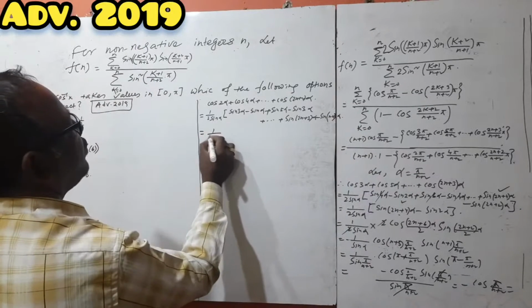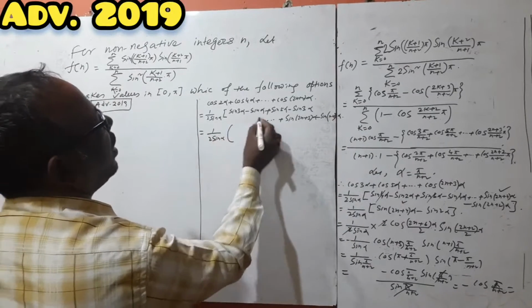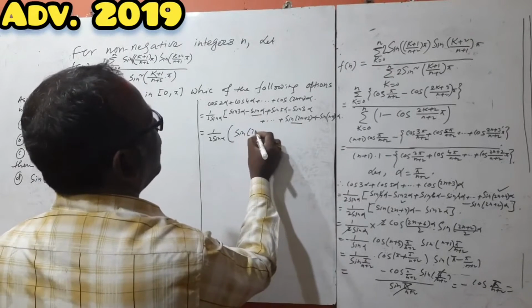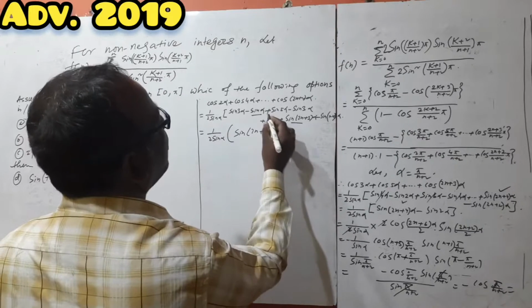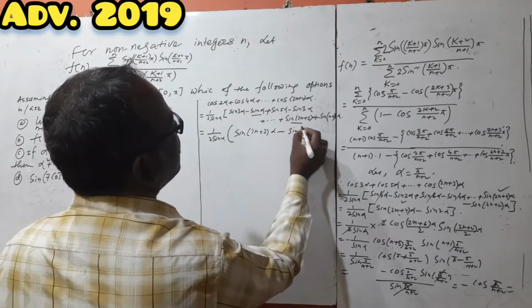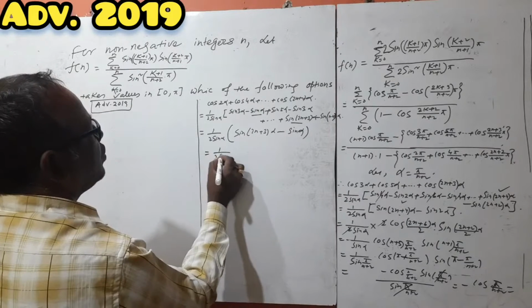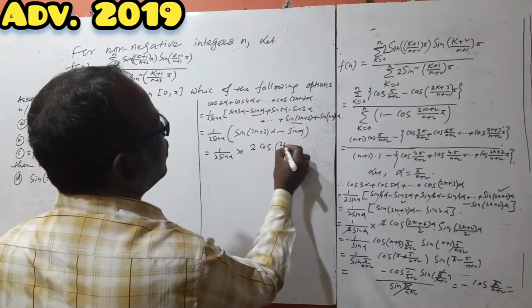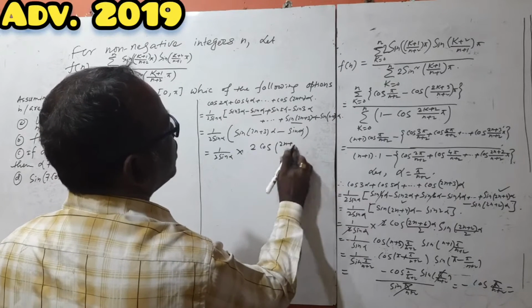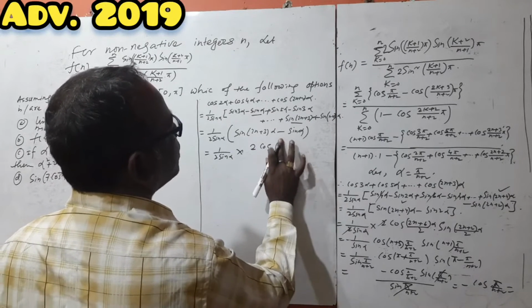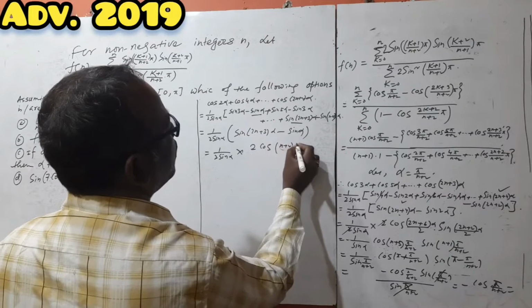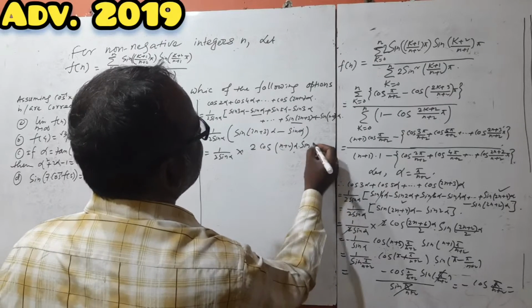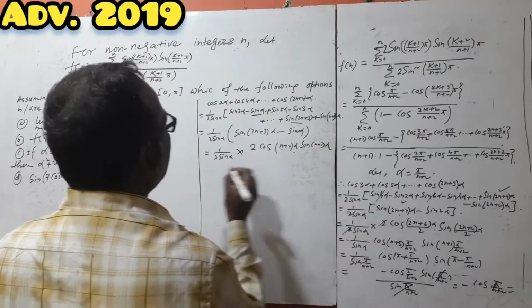So we have left only 2 into sine alpha, and this is the smallest term, and this is sine of (2n+3) into alpha minus sine alpha, 1 over 2 into sine alpha, and this is 2 cos of (2n+3+1)/2, this is 4 over 2, and this is (n+2) into alpha, into sine of this minus this over 2, this is (n+1) into alpha.